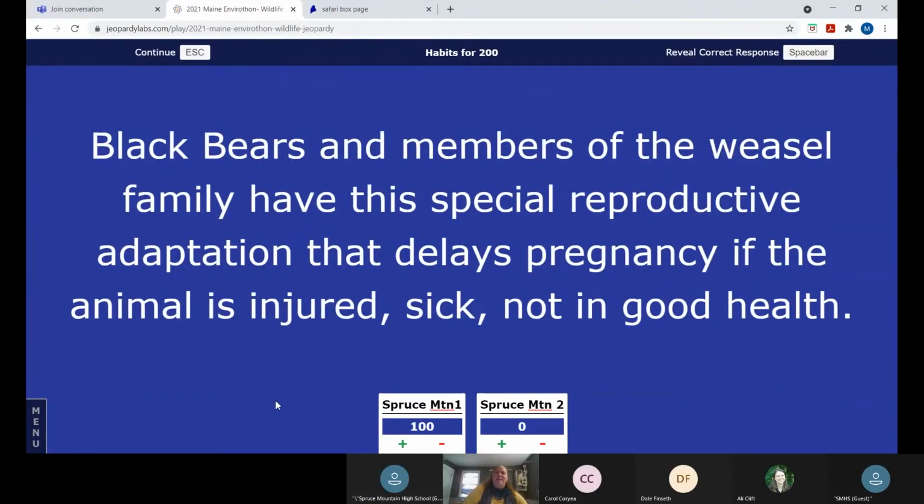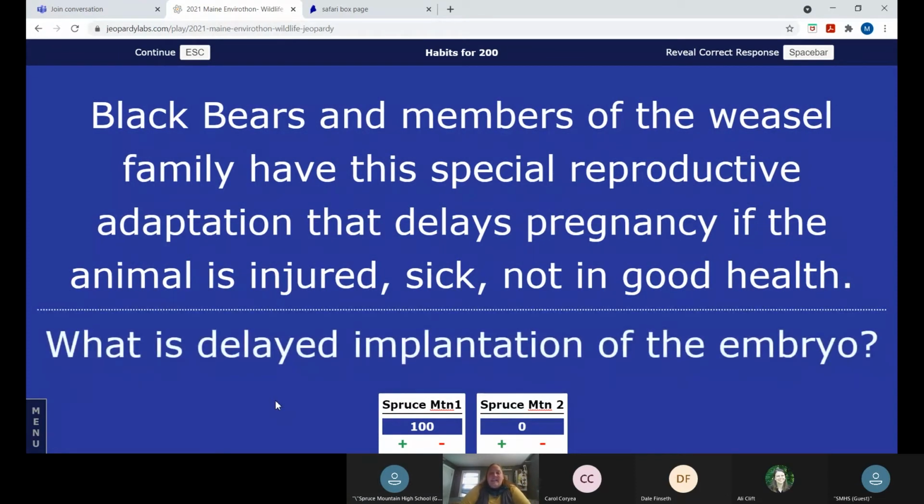So black bears and members of the weasel family have this special reproductive adaptation that delays pregnancy if the animal is injured, sick, or just not in good health. What is that called? We do not know. It's okay.